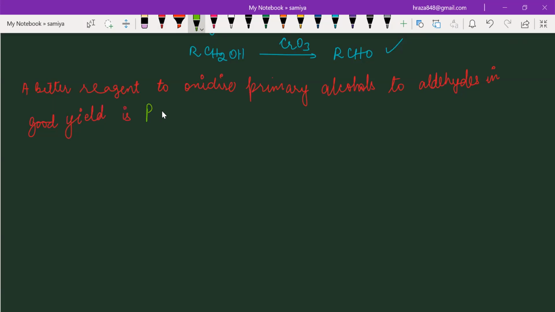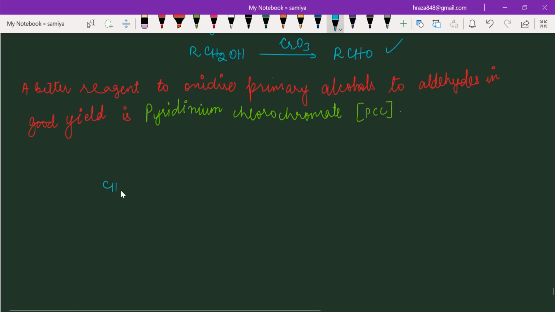It is also a reagent. Pyridinium chromate. That means basically PCC. So if you are going to use PCC, if you have any type of alcohol, I'm taking an example from NCERT, what will be its function?